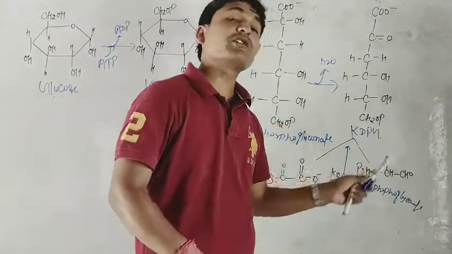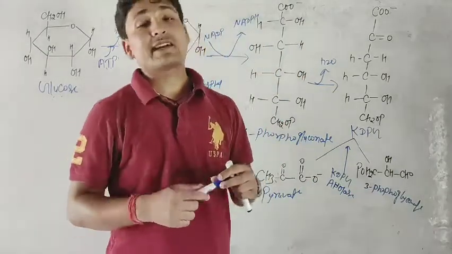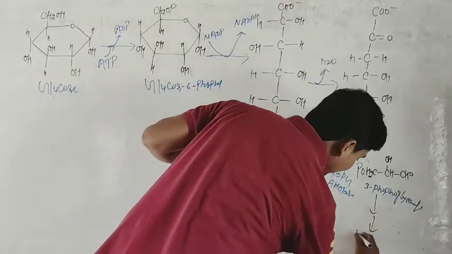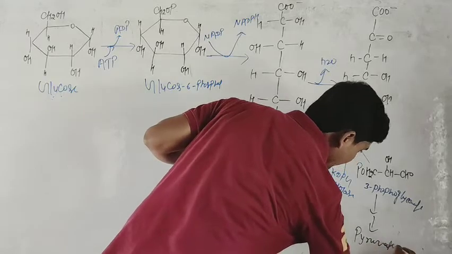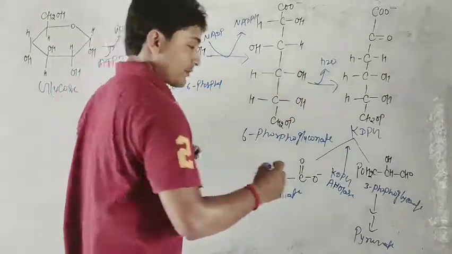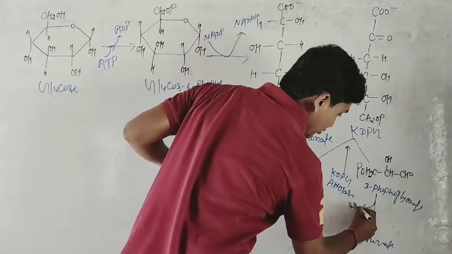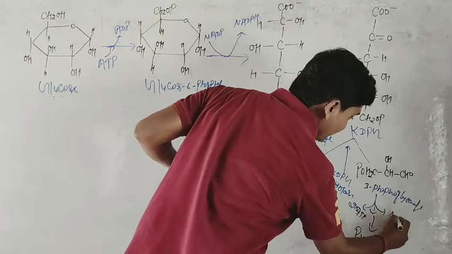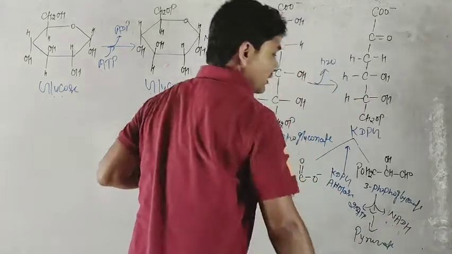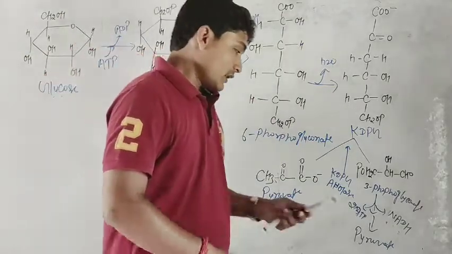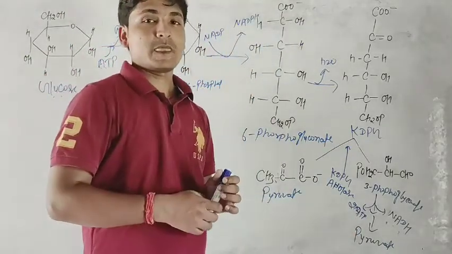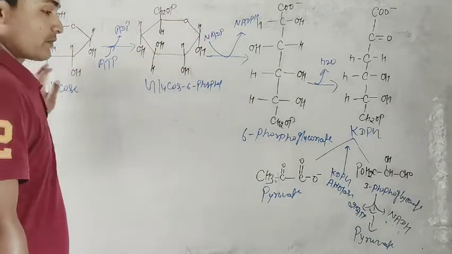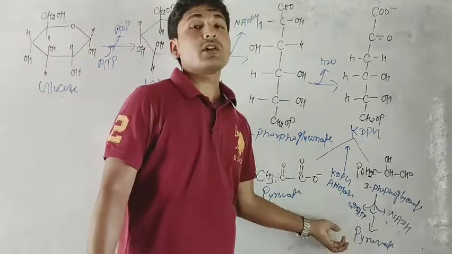This molecule then follows the glycolytic pathway and finally forms 1 molecule of pyruvate, and in this reaction 2 molecules of ATP and 1 molecule of NADH are synthesized with the pyruvate molecule.